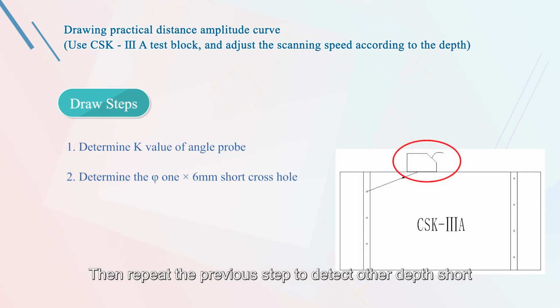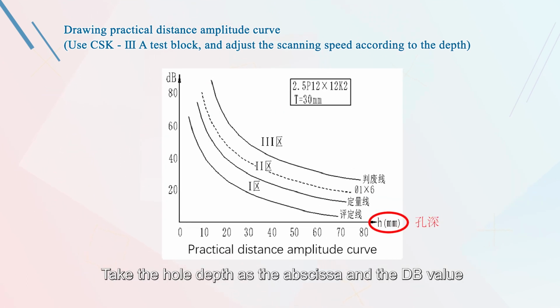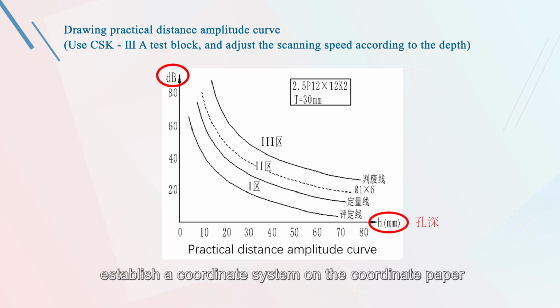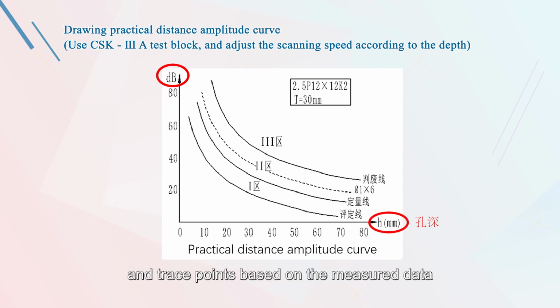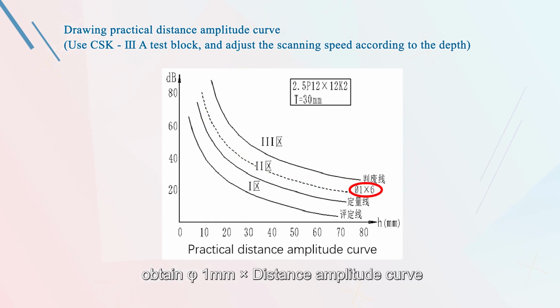Then repeat the previous step to detect another depth of short transverse holes, and obtain each group of measurement data. Take the hole depth as the abscissa and the dB value reading as the ordinate. Establish a coordinate system on the coordinate paper and plot points based on the measured data. And finally, connect them into a smooth curve that is obtained, as we can see here, the distance amplitude curve from the 6 mm short transverse hole.